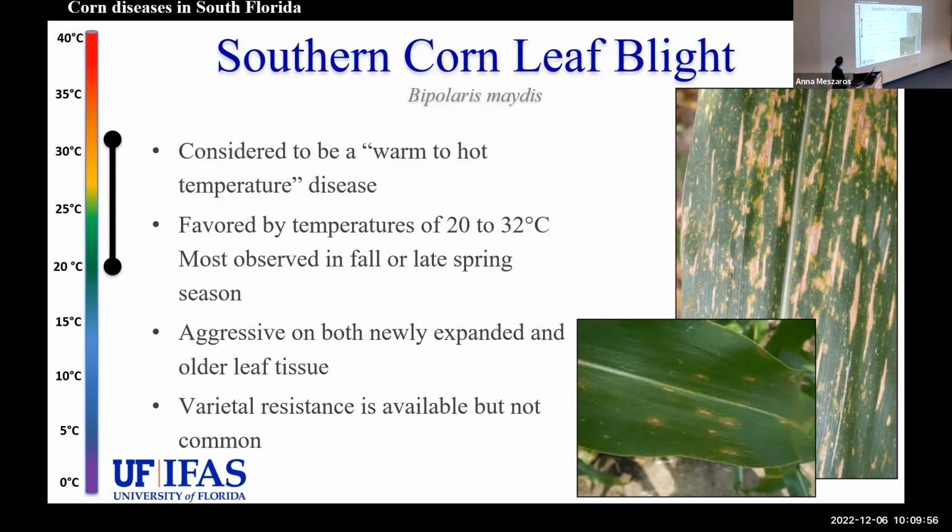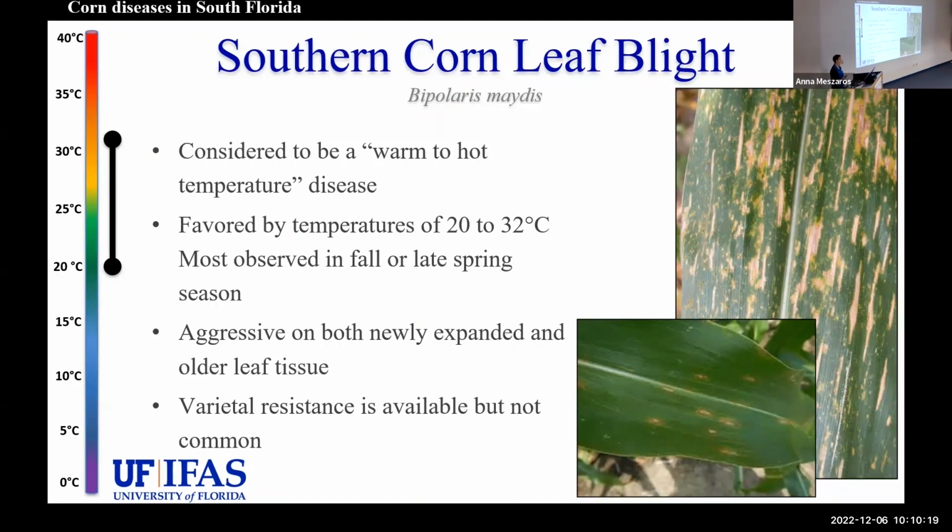So southern corn leaf blight is caused by this pathogen called Bipolaris maydis. And it's actually considered to be a disease of warm to hot temperature. So it's favored by temperatures between 20 to 32 degrees Celsius, you can see here. And this disease, we can see it during the fall and also in late spring, and it makes sense because it's when it's hotter, right?